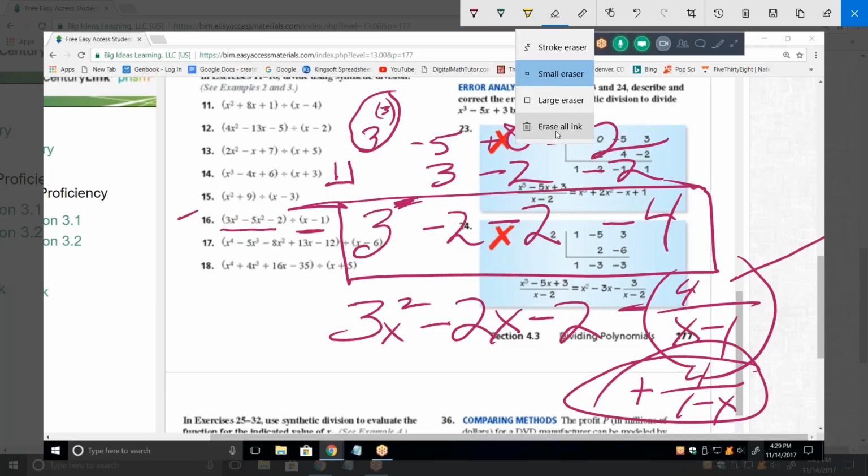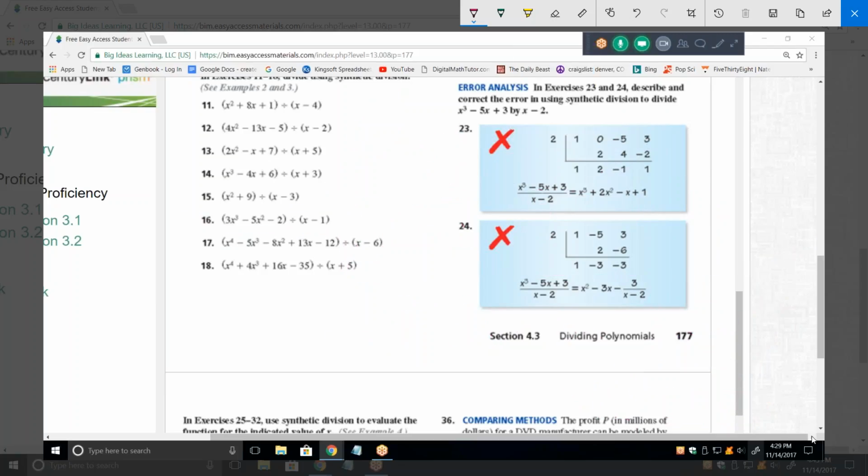Okay, 17? Yep. So the number that goes in the box is 6. And then the numbers that go on the side are 1, -5, -8, 13, and -12.